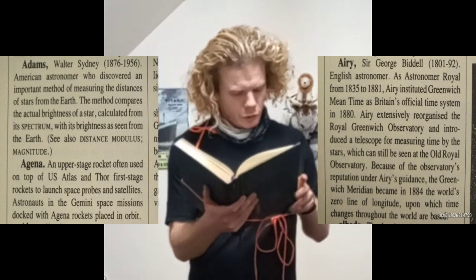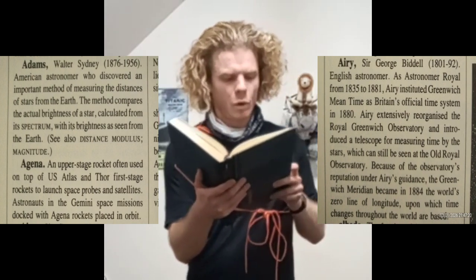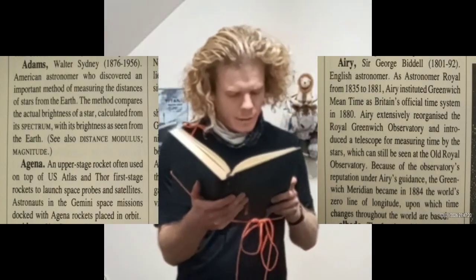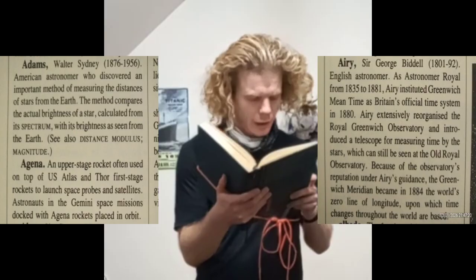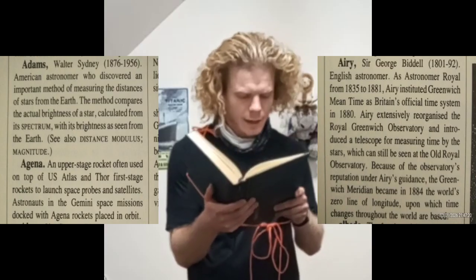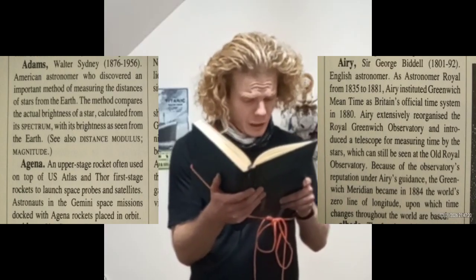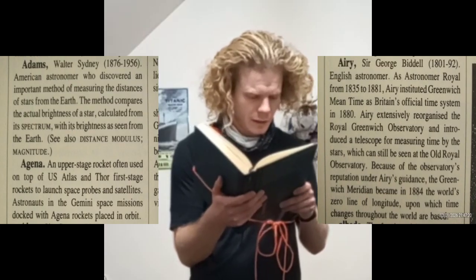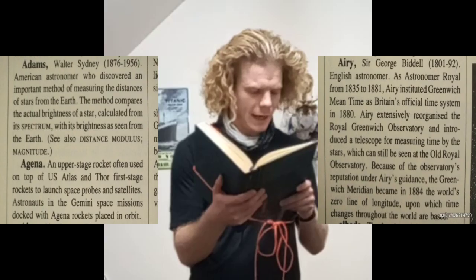Okay, Sir George Biddle Airy, born 1801. He was an English astronomer. As Astronomer Royal from 1835 until 1881, Airy instituted Greenwich Mean Time as Britain's official time system in 1880.